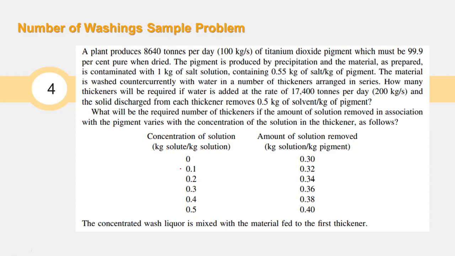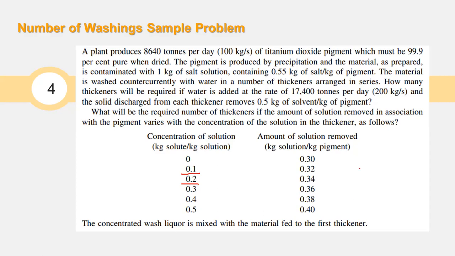So if this is X1, for example, which is 0.1, this is also Y1. If this is X2, then this is also Y2. Because we have that primary principle that the concentration of solutions in the overflow and underflow of a particular thickener or washer are equal. So this is referring to either X or Y.